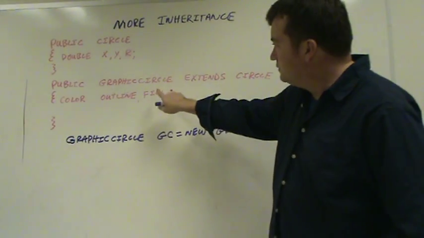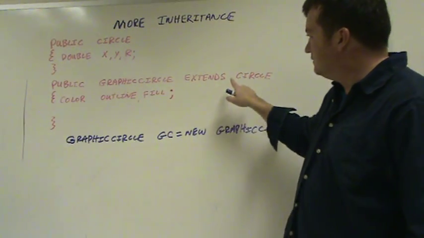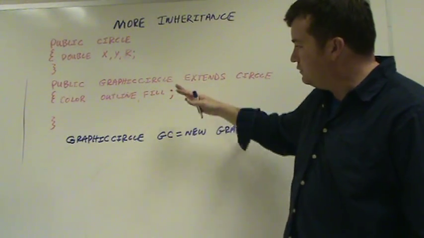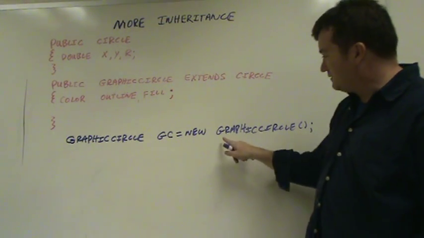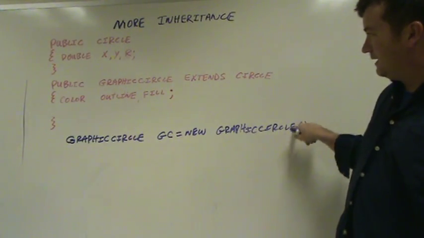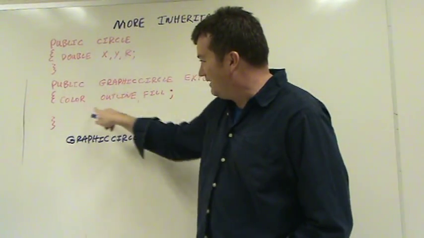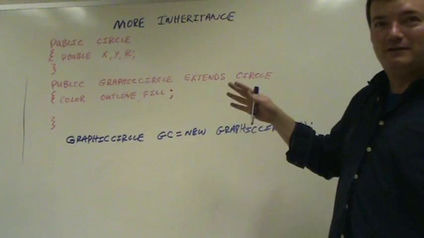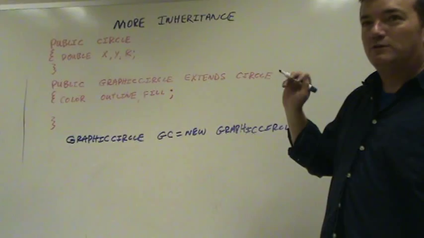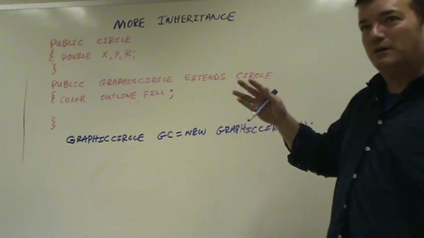Now, do you see in this graphic circle class definition the constructor that's being called? Do you see a method here that has the name graphic circle and takes in no parameters? You see one written here somewhere? Right, there isn't one. So does that mean it's not there, or it won't be called, or we'll have a compiler error?